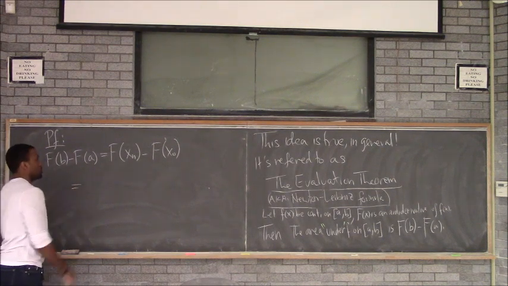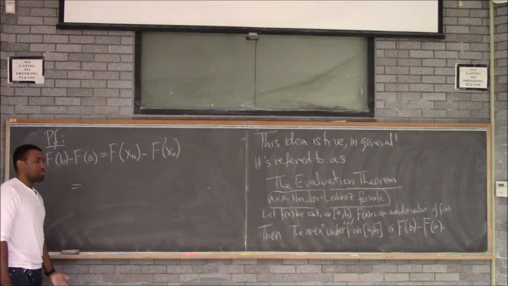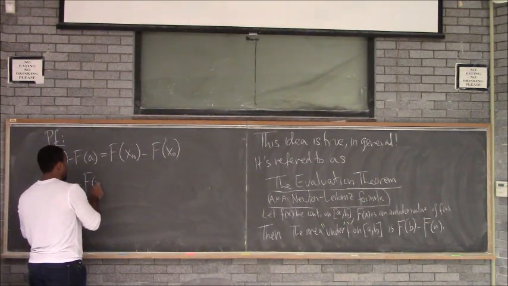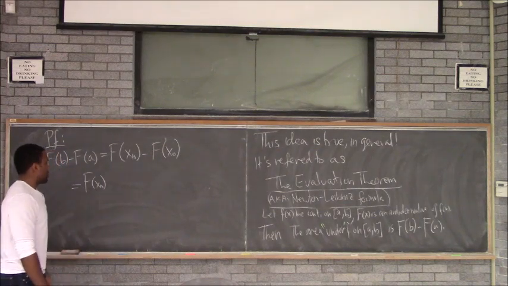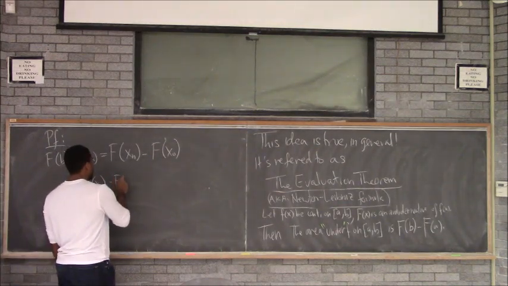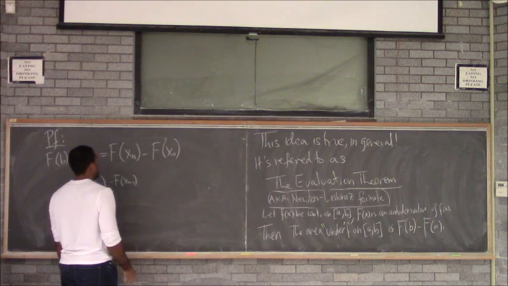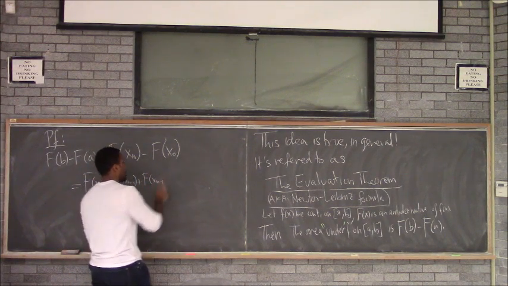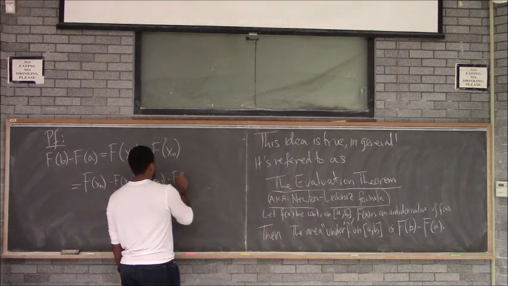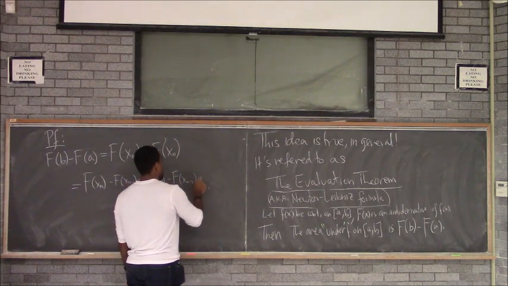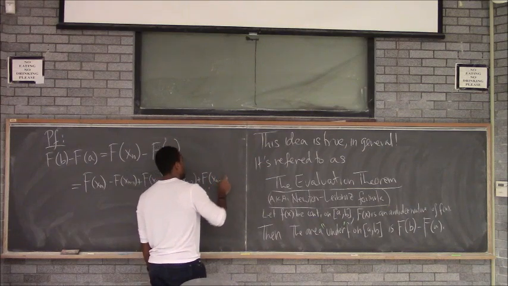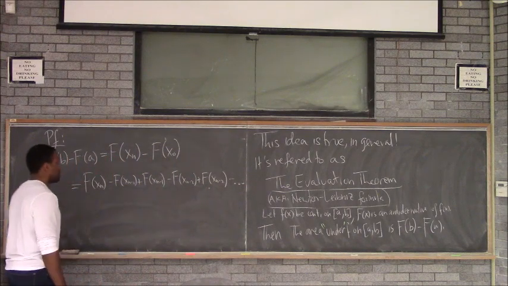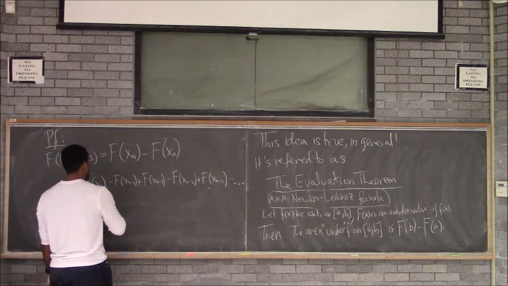We are going to add and subtract a bunch of terms, convenient terms. So what I'm going to do is subtract F of xn minus 1 and add F of xn minus 1. I'm going to subtract F of xn minus 2 and add F of xn minus 2. Dot, dot, dot. And I keep going.